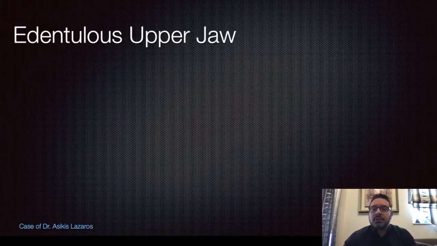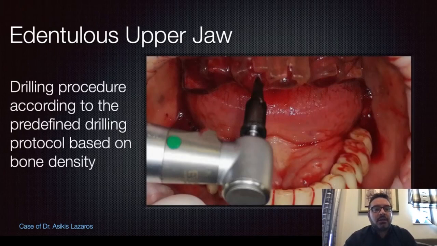The dentist proceeds to the drilling. The drilling procedure is strictly determined according to the bone density, and this is the fantastic thing with the R2Gate software: you can calibrate any CBCT that you take from any unit to the bone density by using a unique protocol which is called Digital Eye.